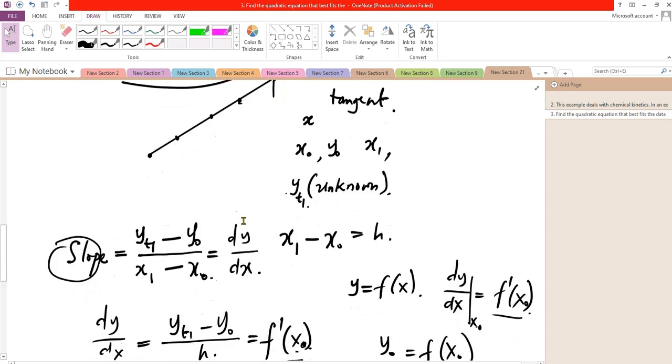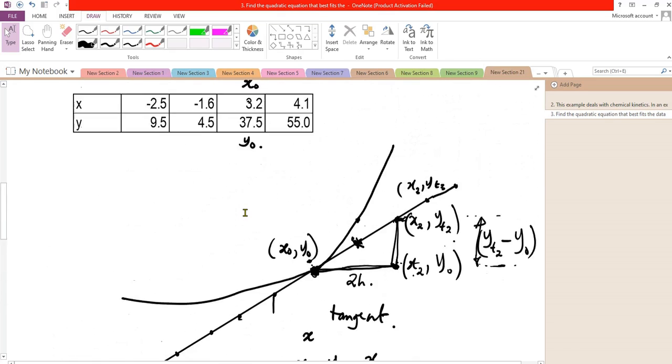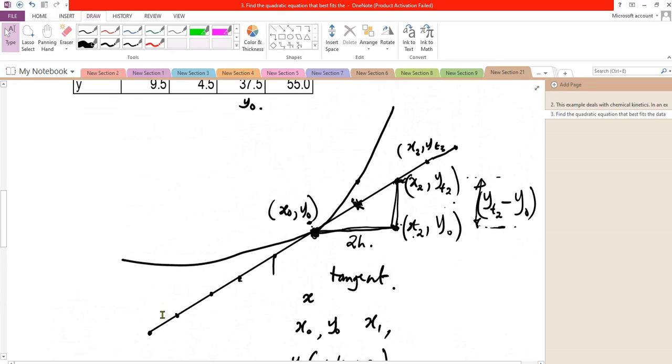Now that is what we're going to use. That is the slope of this tangent.